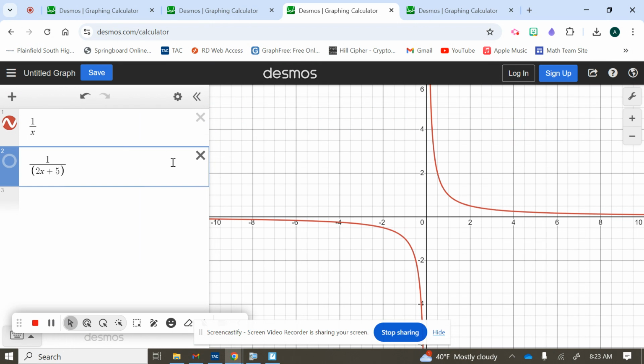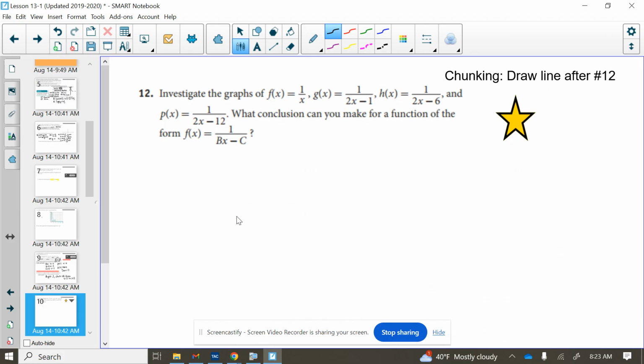Because for instance, if we look here with any of these ones in number 12, each time what's happening is if we have 2x minus 1, for instance, that is shifting our graph to the right 1/2. Or 2x minus 6 shifted it even more to the right there. Even though we have a coefficient, we're still moving over by setting that denominator equal to 0.